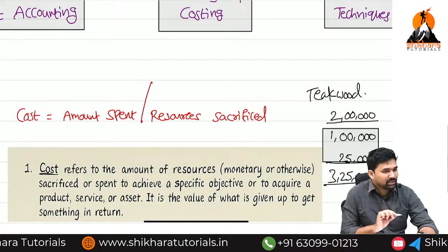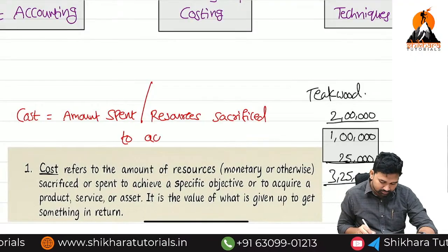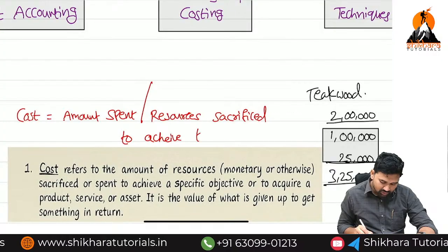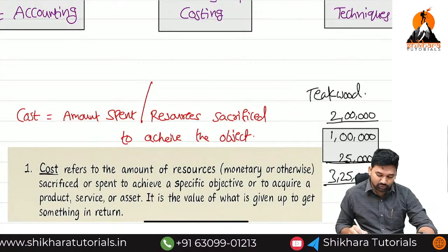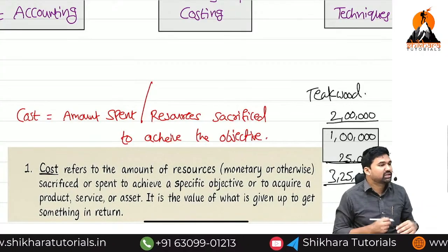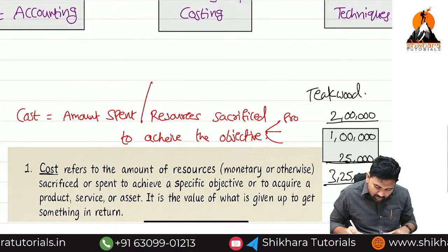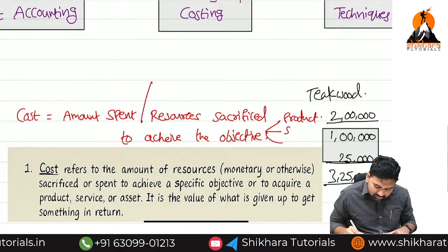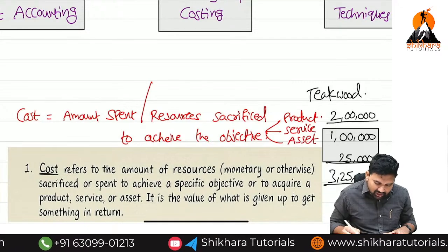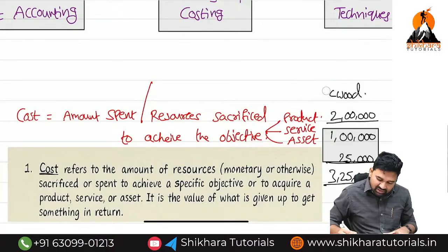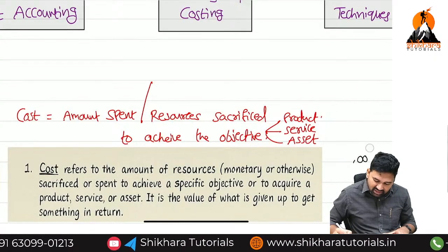For what? To achieve the objective, or means goal. The goal may be producing a product, rendering a service, or acquiring an asset. In simple, this is nothing but cost.